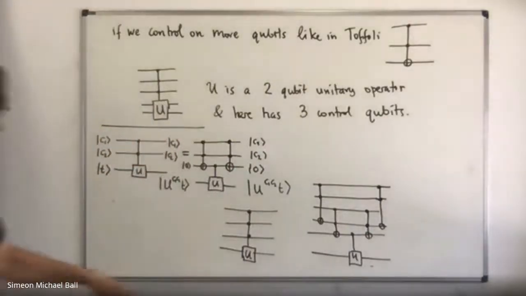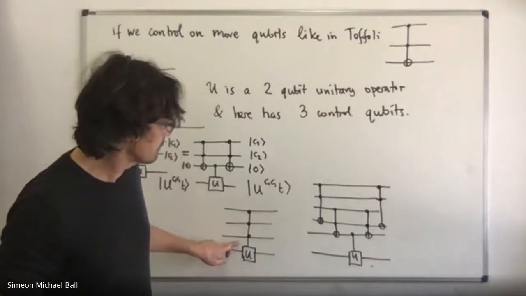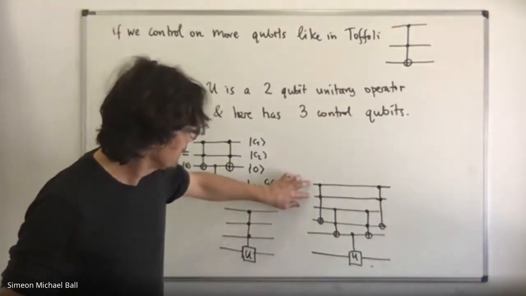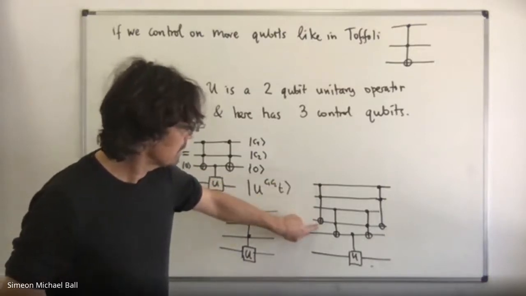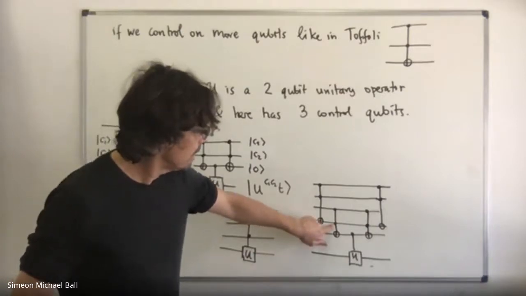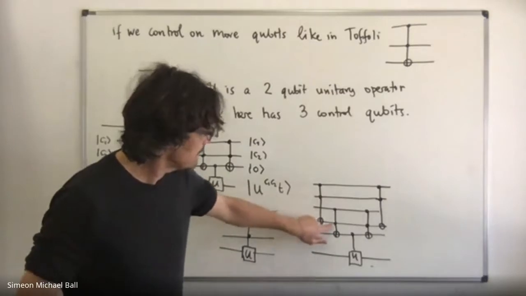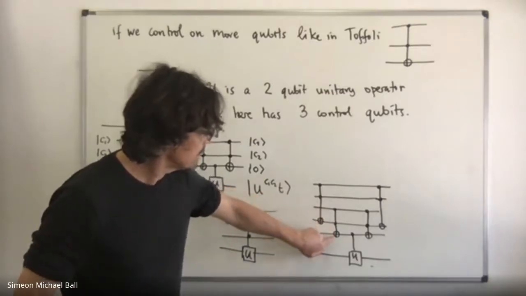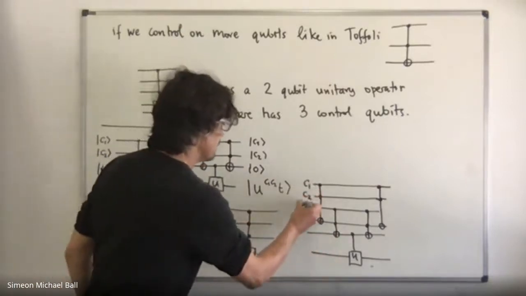Okay, so this then gets set if and only if the 3 are all set, right? Let's just check that. If both of these aren't set, then this won't get to a 1. This won't get set, so this one won't. If they're both set, then this is set, and then if this is set as well, then this one gets set and the U gets applied. So this is the C1, C2, C3 here.